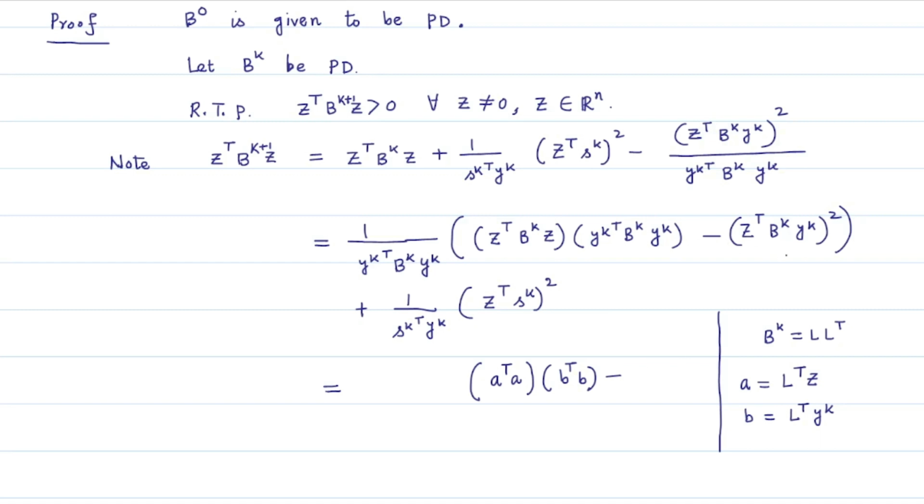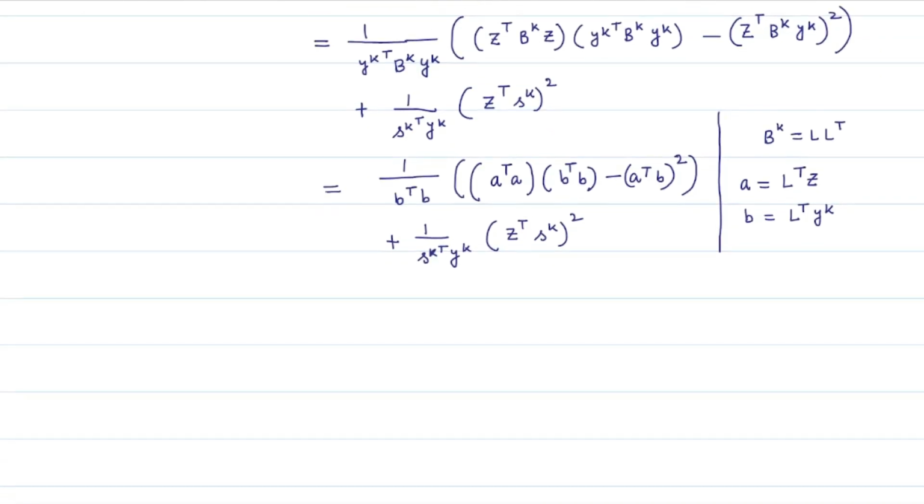So we have (a transpose a times b transpose b minus (a transpose b) squared), multiplied with 1 over b transpose b, plus the rest of the expression, (z transpose sk) squared over sk transpose yk.